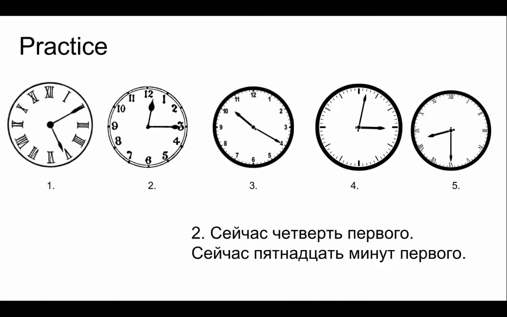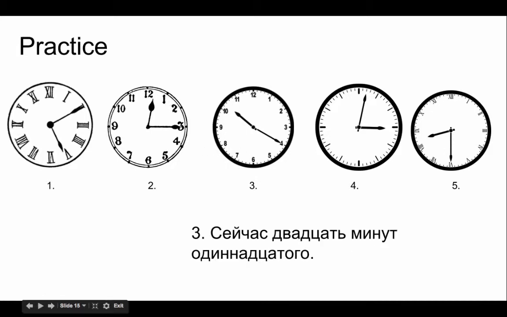Хорошо, посмотрим на 2. Сейчас 1:04. Или сейчас 15 минут 1. Right? So right now it is a quarter of the 1st hour, or you can say 15 minutes of the 1st hour. It's got to be towards the next number. Посмотрим на 3. Сейчас 20 минут 11. 20 minutes of the 11th hour. 4.